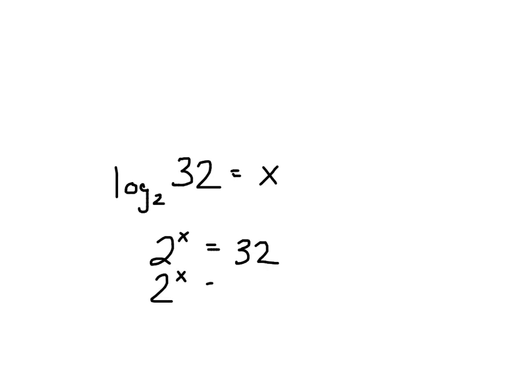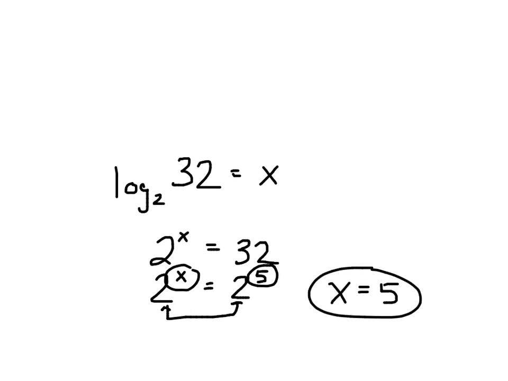So 32 itself is 2 to the fifth. And if the bases are the same, then the exponents should be the same. So x should equal 5. Okay? So that's one of the things we use those for, is that we interchange them like that in order to make it simpler on yourself.